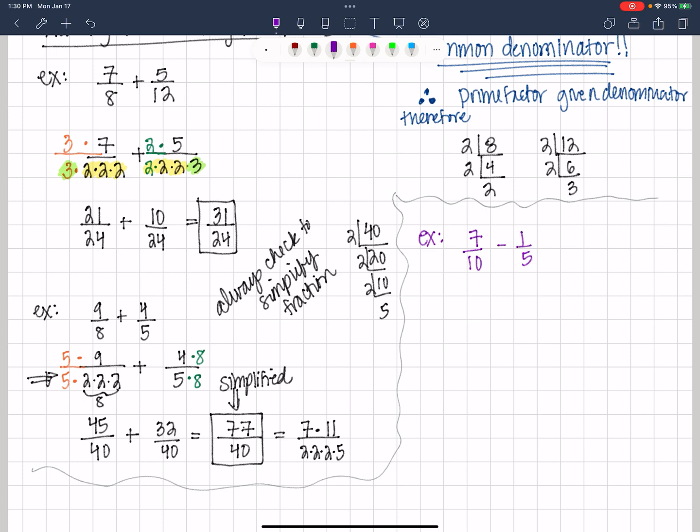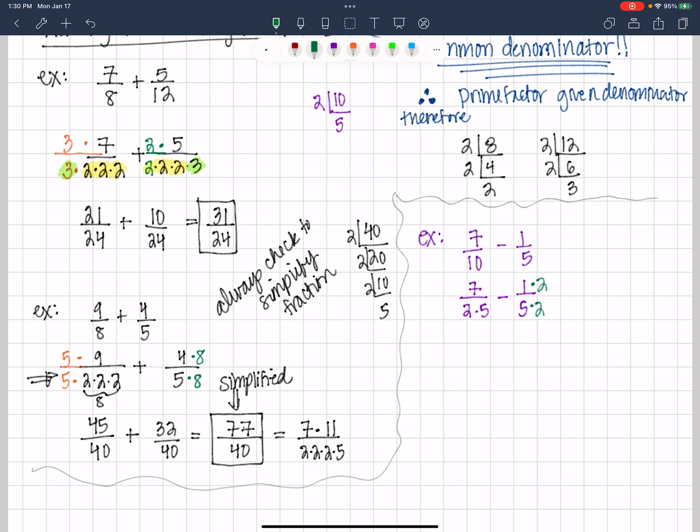Remember, addition, subtraction, we need to have a common denominator. So I'm going to prime factor 10. 2 goes into 10 5 times. So 10 becomes 2 times 5. Minus 1/5. The second fraction just needs a 2.